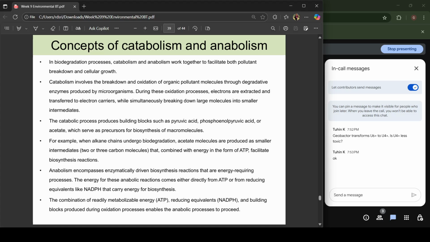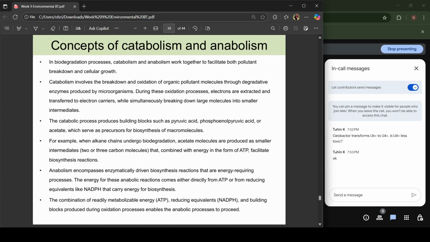During the oxidation processes, electrons are extracted and transferred to electron carriers. This simultaneously happens with the breakdown of larger molecules into smaller intermediates. So that is catabolic processes. It produces substances such as pyruvic acid and phosphoenol pyruvate. All these are intermediates in the glycolysis pathway.